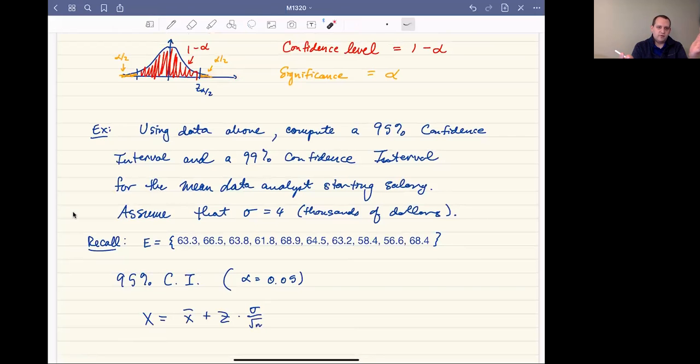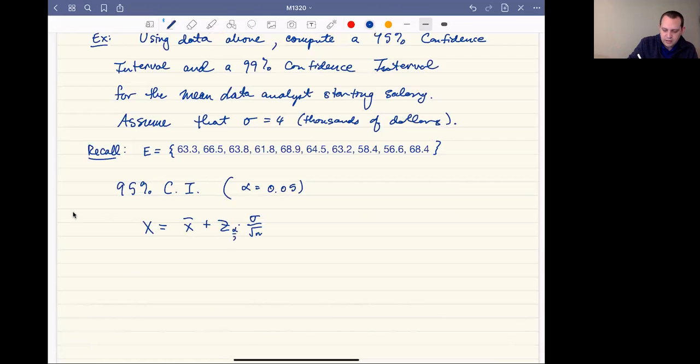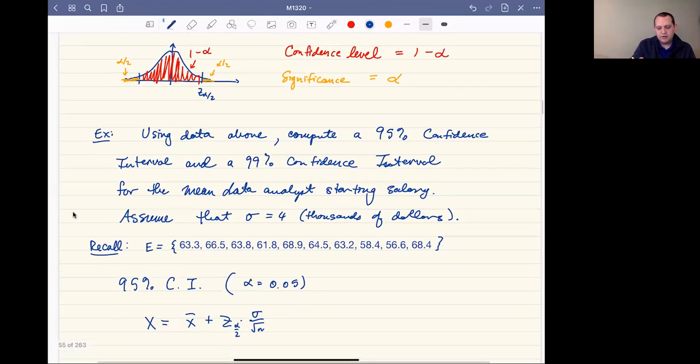It's going to go from one value to the next, and we can be off by being either below the confidence interval or above it. So this is the cutoff, z sub alpha over 2. Because of the symmetry, this is minus z sub alpha over 2. So really, this is going to be plus or minus z sub alpha over 2.